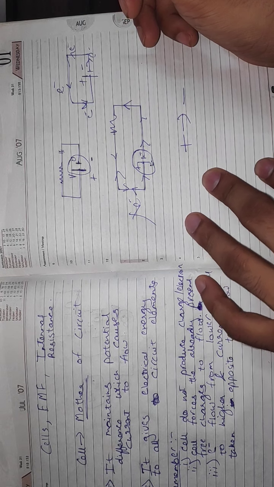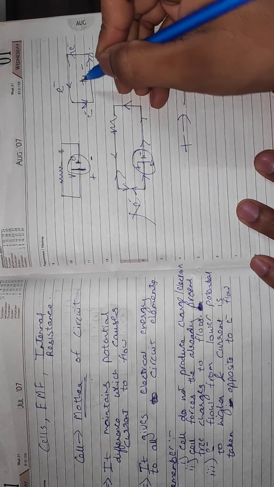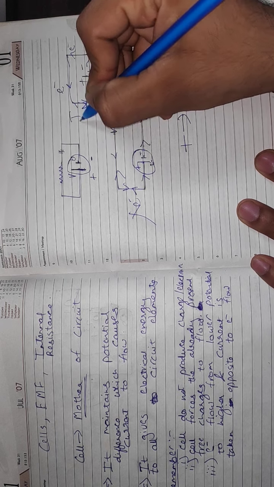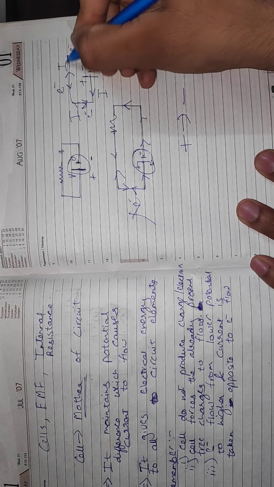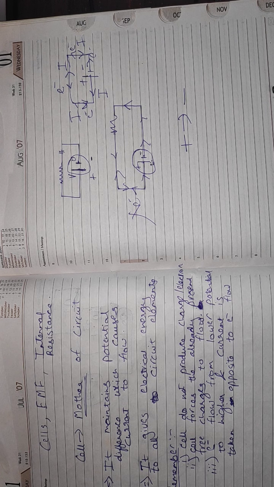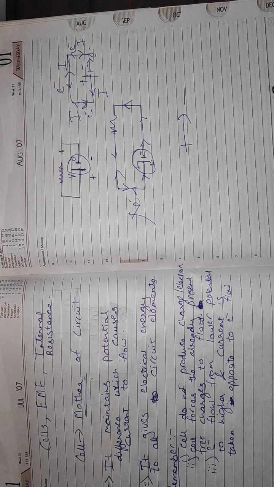Now the direction of current will be opposite, it is taken in the direction opposite to the electron flow. So I will be in this direction. Here it will be I. Okay, this is just a convention that current is taken from the positive terminal to the negative terminal. So it will be in the direction opposite to the flow of electrons.